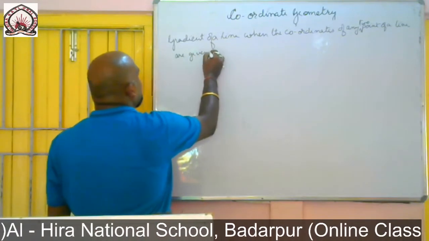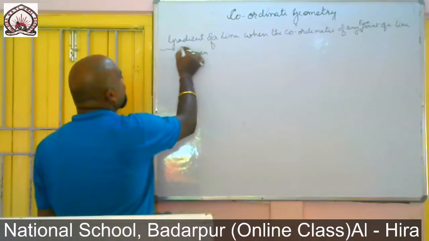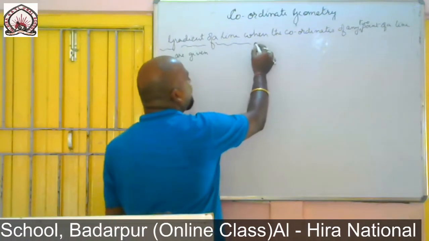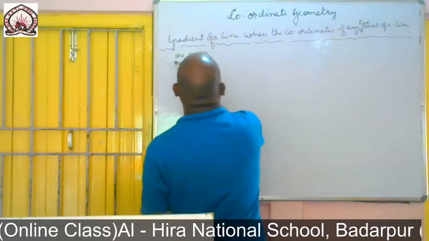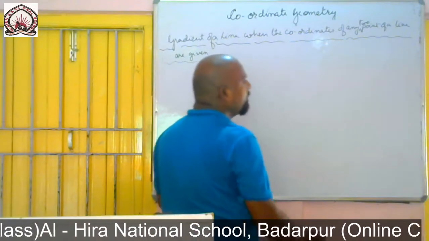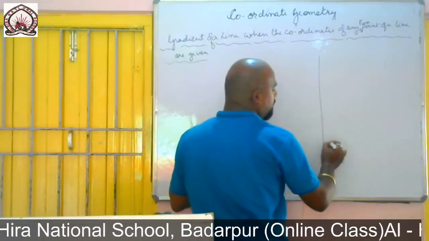Okay. Now what do we have to find out? The gradient of a line when the coordinates of any 2 points of a line are given. They have already given you the coordinates of the 2 points.